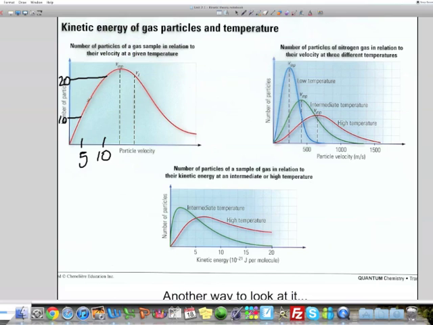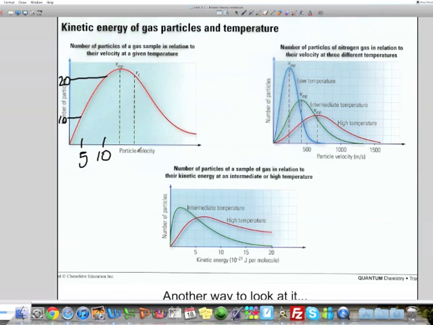If you look at the curve, for the very small values of speed, I have a lower amount of particles. For the average speeds, I have higher amounts of particles. So most of my particles have average speeds. Very few particles have very high speeds.